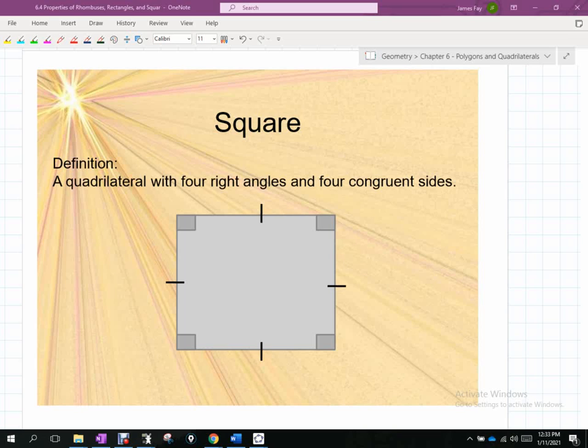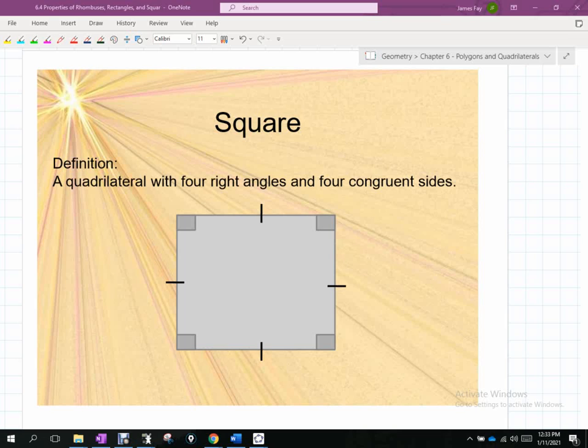So a square is a parallelogram that is also a rhombus and a rectangle simultaneously. A square is going to have all the features that a parallelogram has, those 6 things.